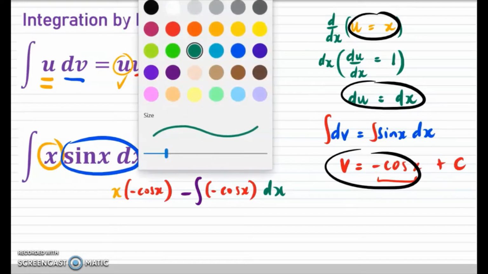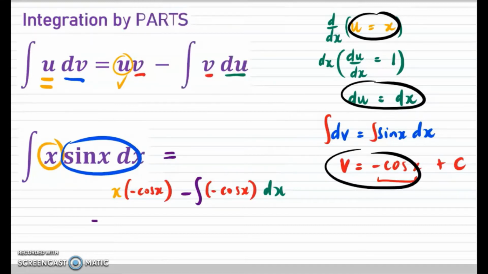Then we just simplify this. We have equals negative x cosine x minus, we can actually bring out the negative part because that is our constant part here of the integration. That becomes plus the integral, now it's positive cosine x dx.